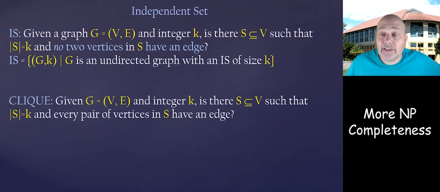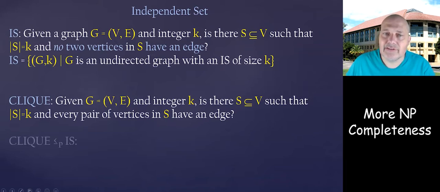And the clique, as we remember, is the language where there is a clique of size K, so a group of vertices where all edges within the set exist. So we want to show that clique is polynomial time reducible to independent set.